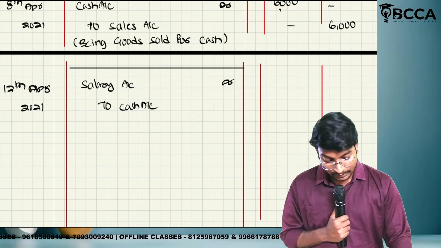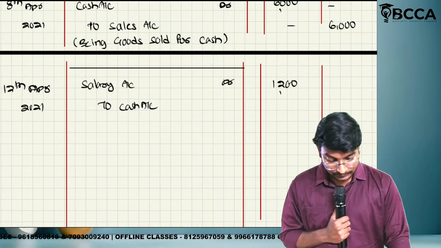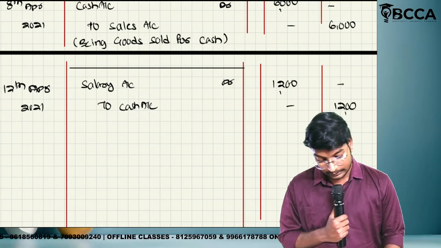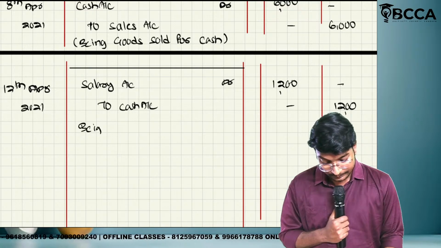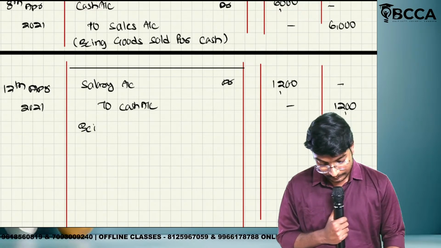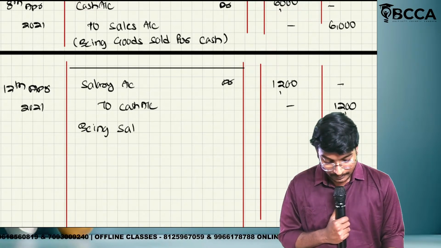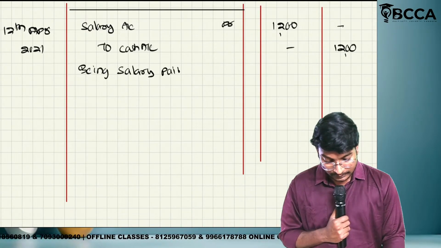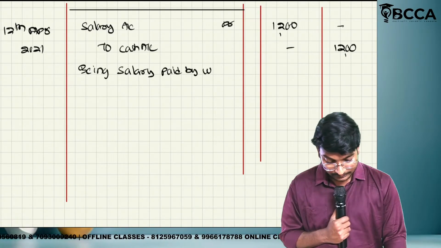What is the amount, ma? 1200, and 1200 being salary paid by way of cash.